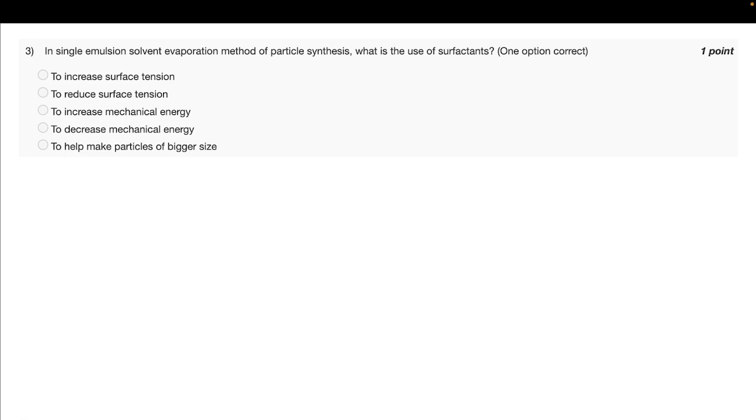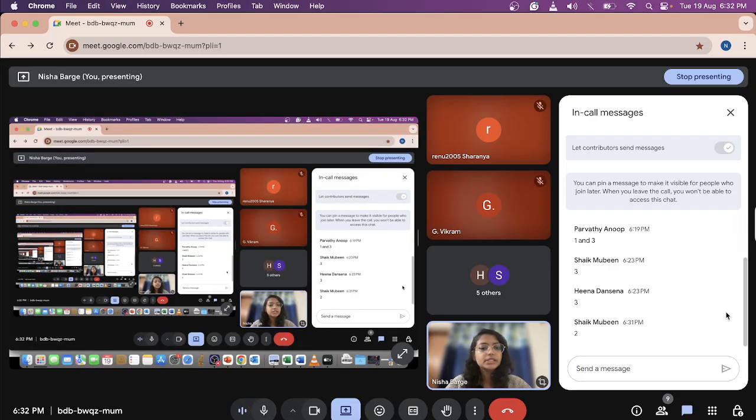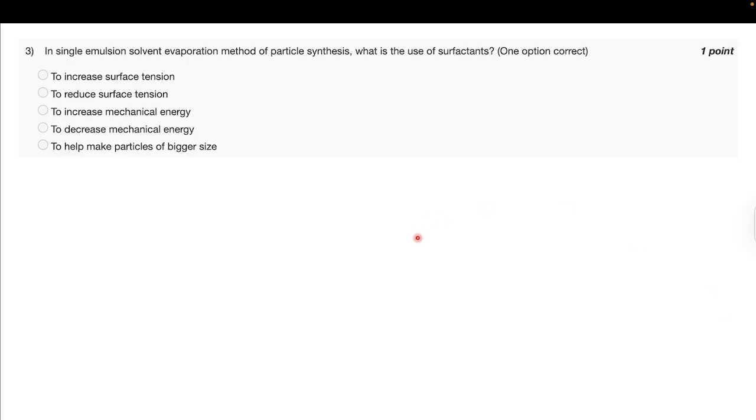Anybody wants to answer? Someone is saying option 2, that is to reduce surface tension. Anybody else has another response? Thank you for answering. Okay, no more responses. Yeah, you're perfectly correct. The correct answer is to reduce surface tension.